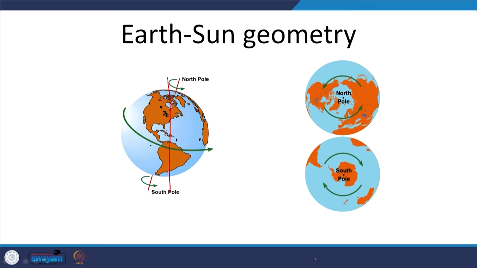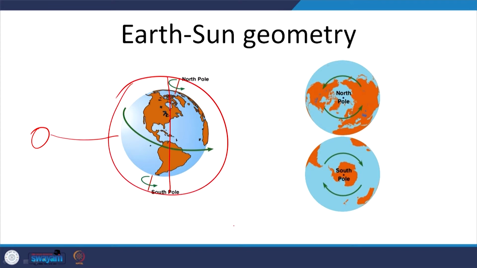Okay. In addition to that, let us say you have the Sun here, unequal areas of surface receive equal amounts of energy. So, any given point on the Earth receives different amounts of energy as a function of time. Now, the Earth is revolving around itself from west to east, right.